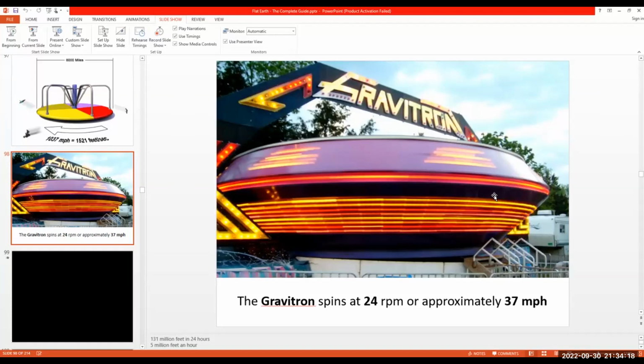Are you disagreeing with anything I said about what would happen? So let's imagine this gravitron here. If there was somebody standing in the middle of that gravitron, they wouldn't be flung out into space. They'd just be turning around in a circle, wouldn't they? Is that right?